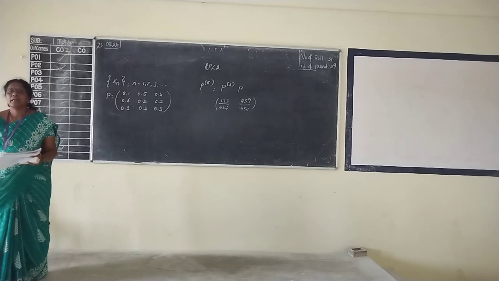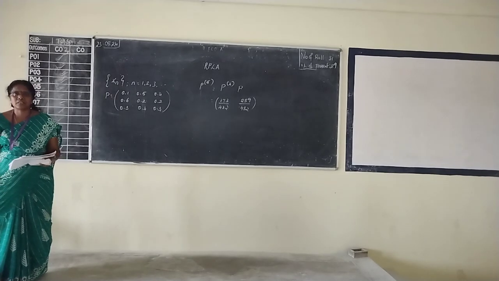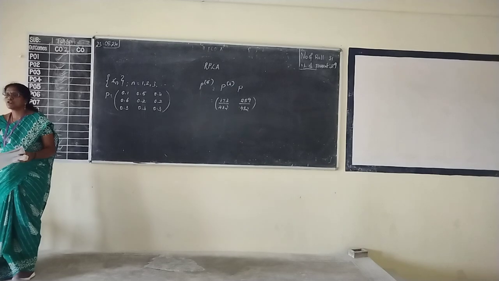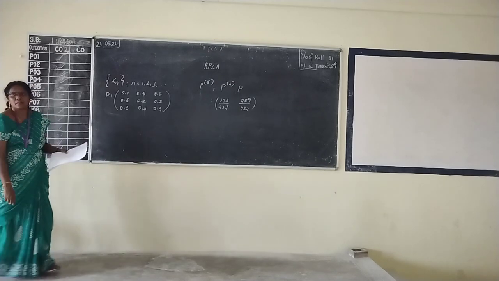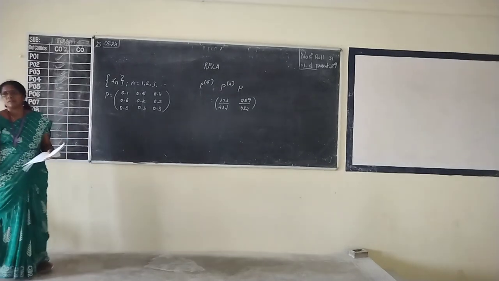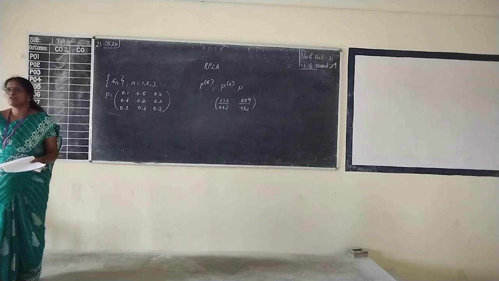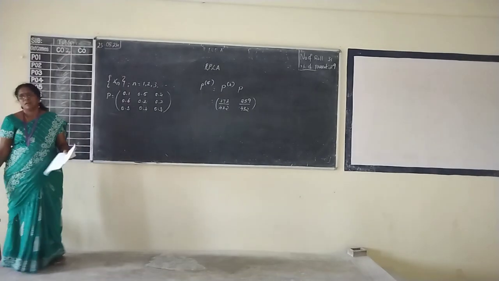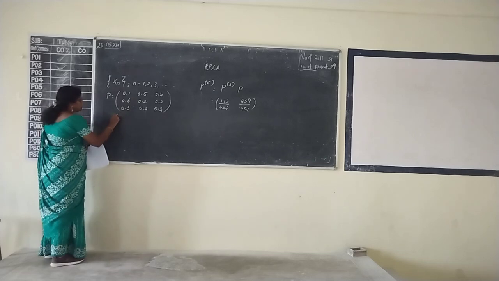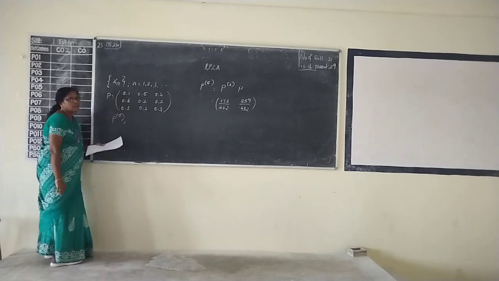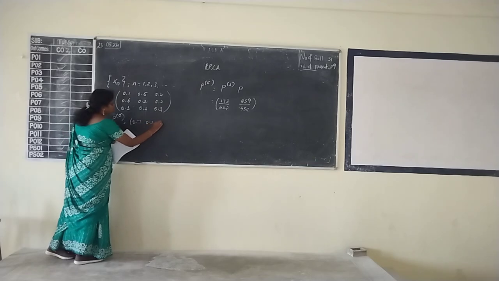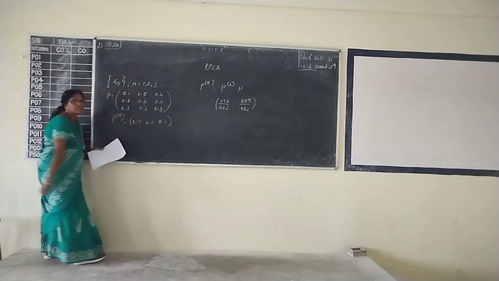And the initial distribution is P0, the initial step, so that is given to be 0.7, 0.2, 0.1.